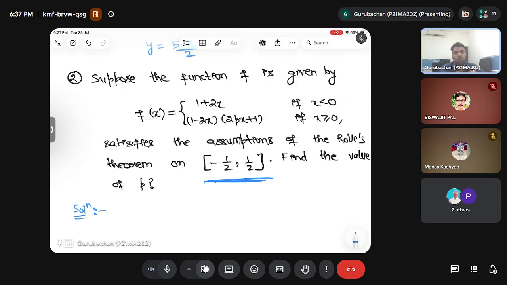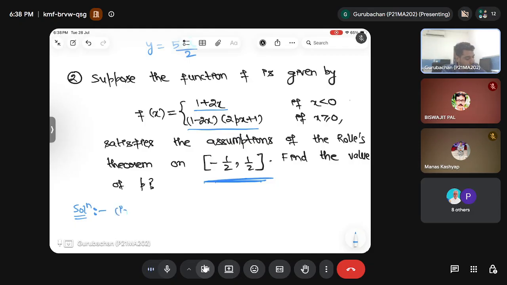So I go with the basic approach with the left hand and right hand derivative. Before 0 and after 0, clearly it is a polynomial, so it is continuous and differentiable at points other than 0. The point is we only need to discuss what is going to happen at 0.